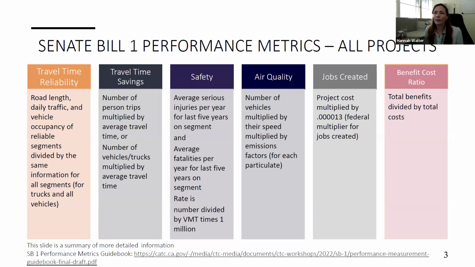It's a federal metric. There's a federal formula for it. But in the guidebook, we also explain to applicants how to calculate travel time reliability on a project by project basis.